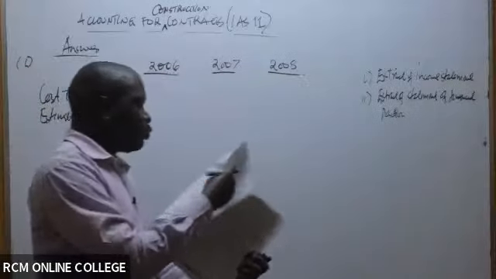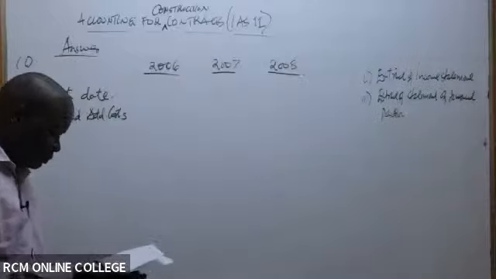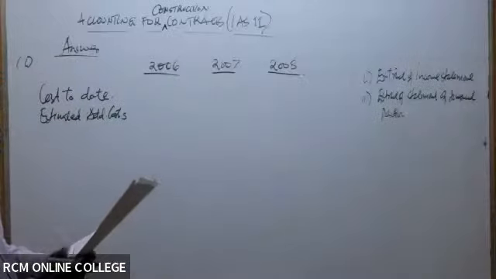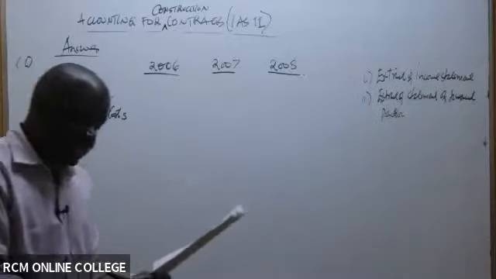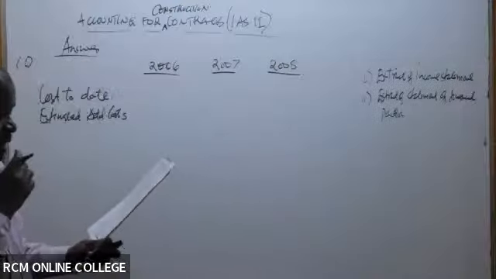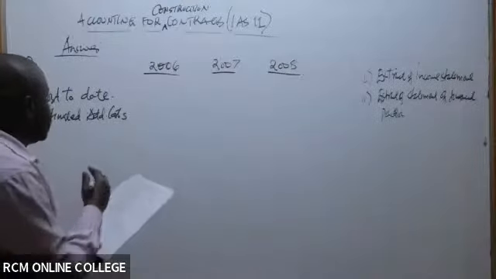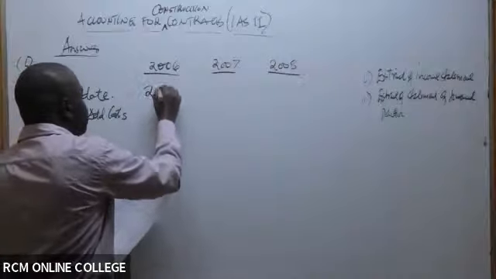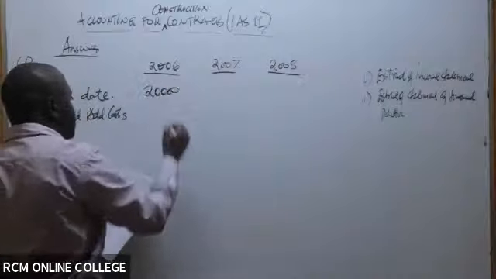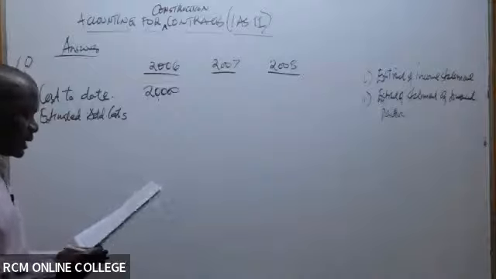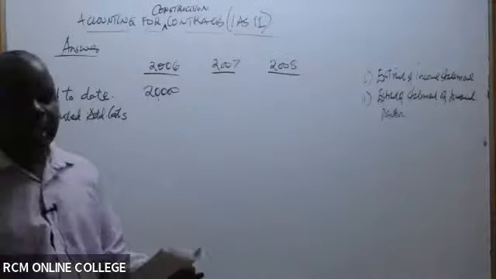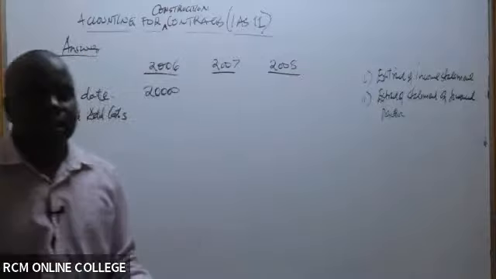So if you look at our question, you are told for the year 2006 from the table, the cost incurred in the year 2006 ilikuwa 20 million. And the cost incurred in the year 2007 ilikuwa 42 million.